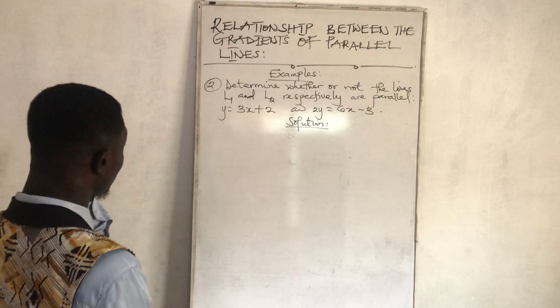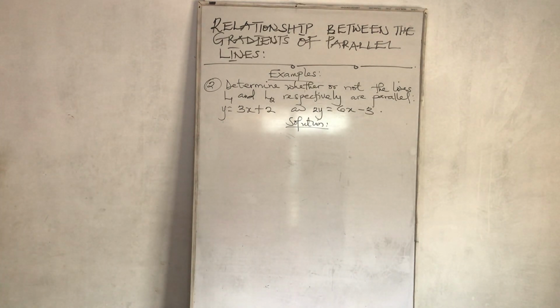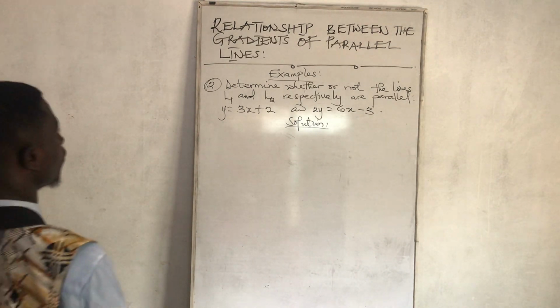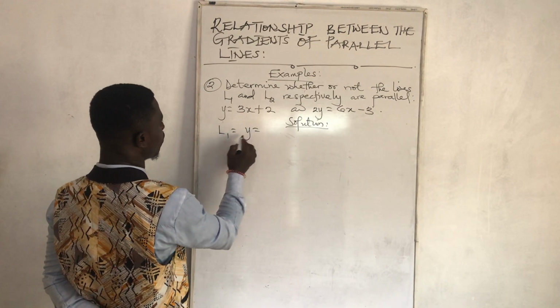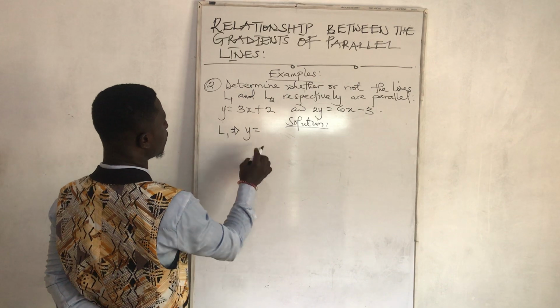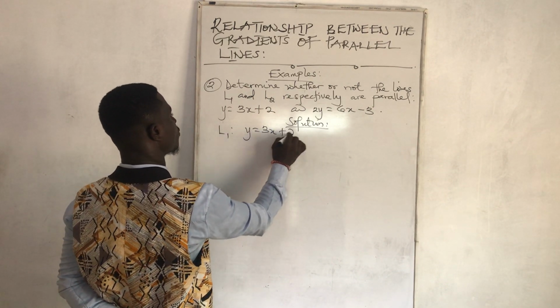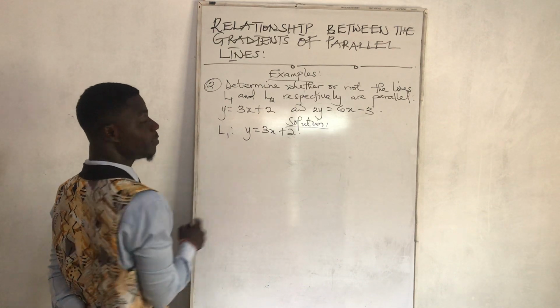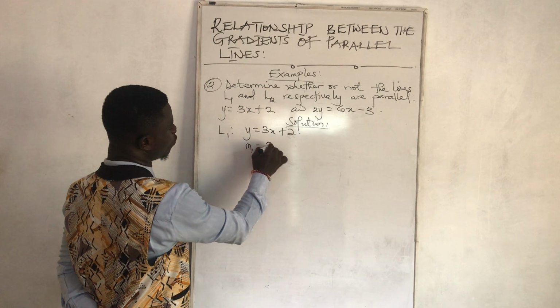Alright, so let's go. So we have line L1, which is y equals 3x plus 2. So here we can determine the gradient straight away, which is m1 equal to 3.